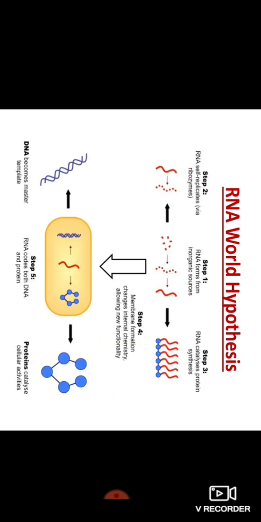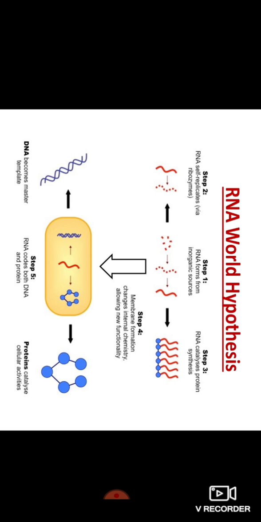Here, this diagram represents the RNA world hypothesis. In this step, the RNA, composed of inorganic resources, has a capacity for self-replication. They catalyze protein synthesis.